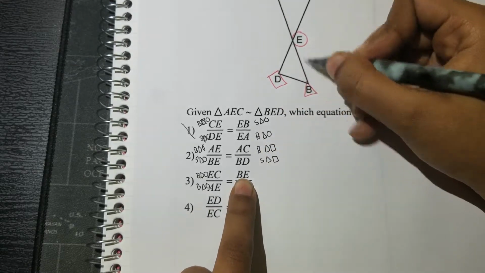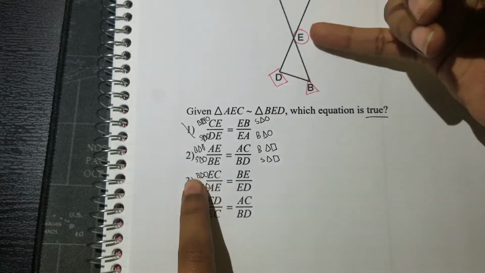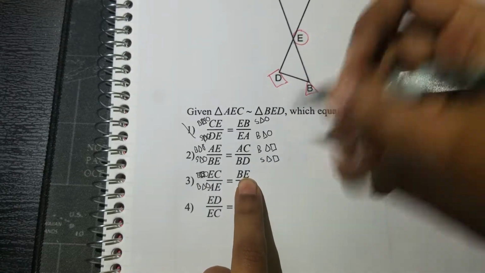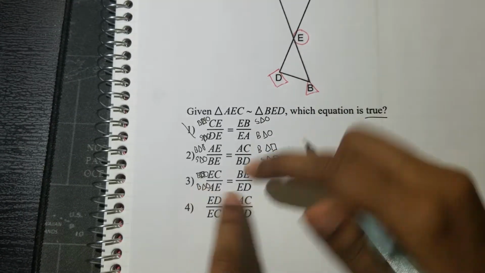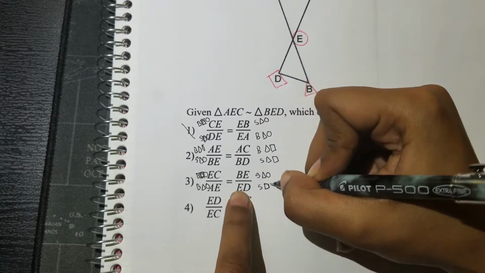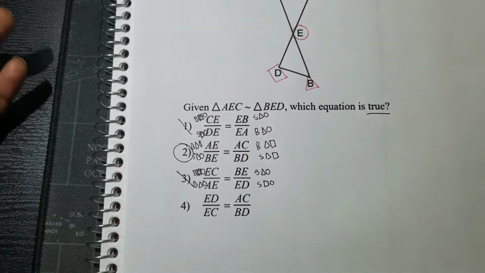So BE is, let me just clear this, make this very clear that this is a square, not a triangle. So BE is small triangle circle, automatically a problem because triangle circle is on the bottom over here. And ED is small square circle. So these two are switched. So automatically not the answer, so it's definitely choice 2.